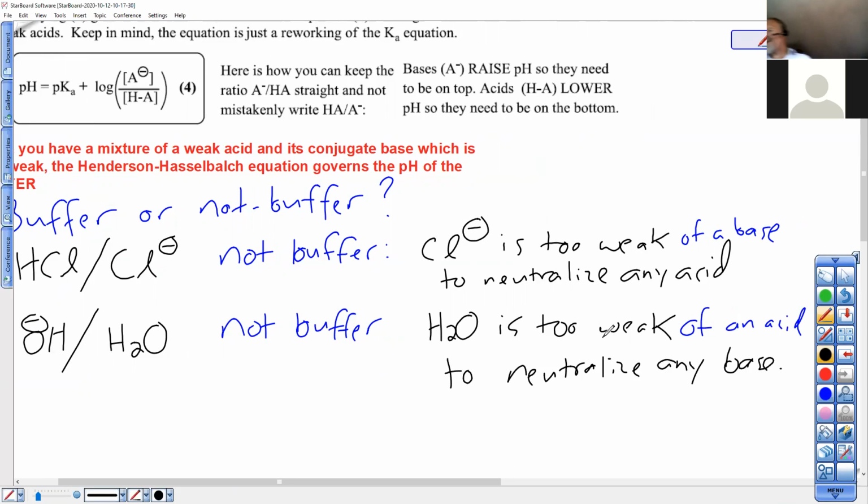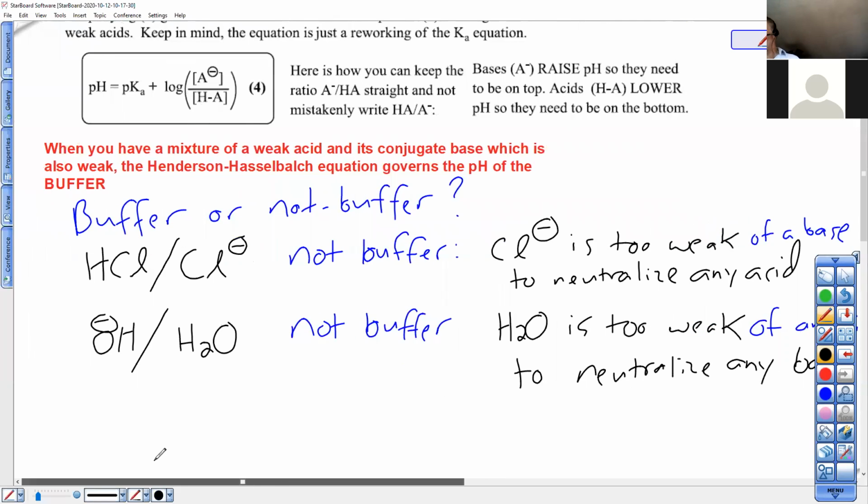So this is why they're not good buffers. It doesn't really use the definition of buffer, but it's hidden in the definition.